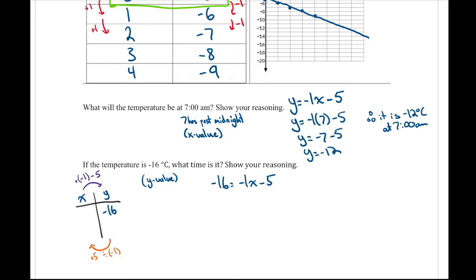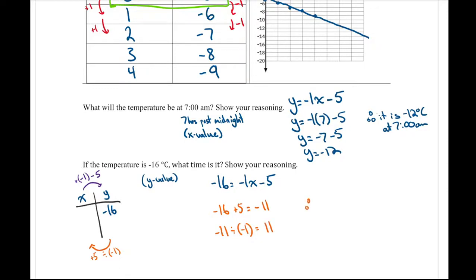So in this case, if I took negative 16 and added 5, I would get negative 9. Sorry, not negative 9. Negative 11. If I take negative 11 and I divide it by negative 1, I'm going to get positive 11.